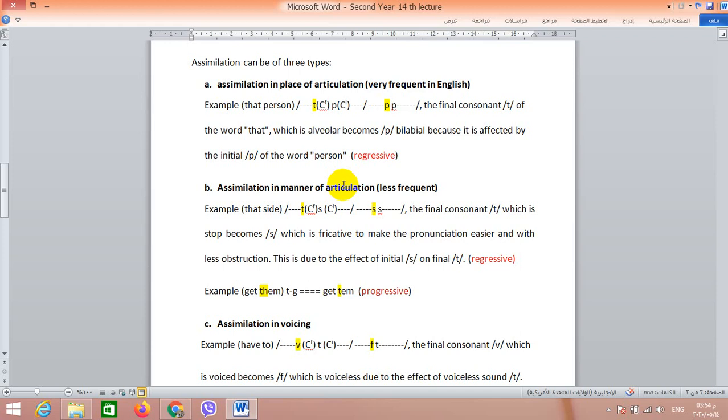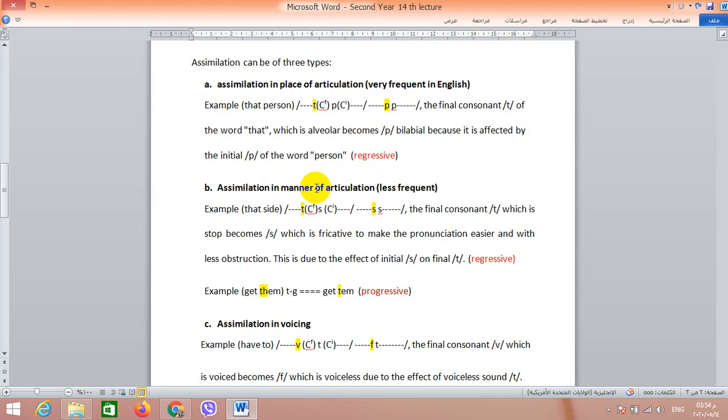I mean, sometimes the two phonemes we are talking about, the two consonants, are different in the place of articulation. And when we apply assimilation, they become similar in terms of place. Sometimes they are different in manner. And when we apply assimilation, they have the same manner of articulation.